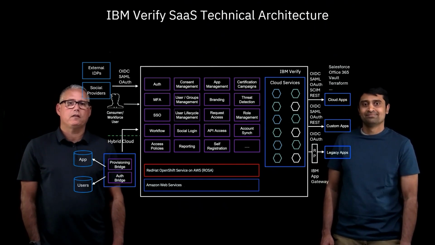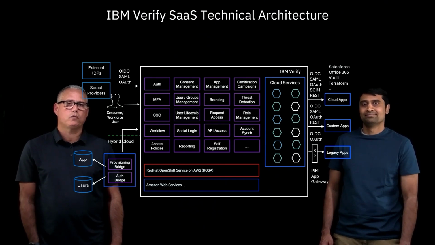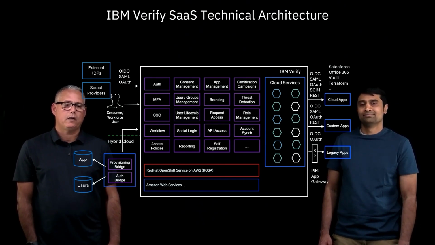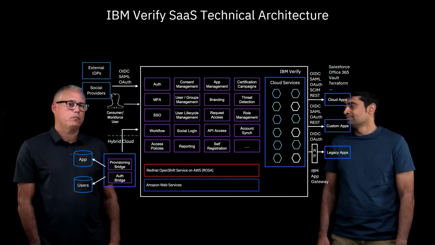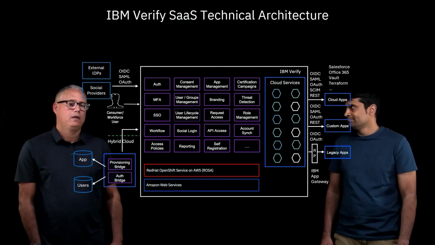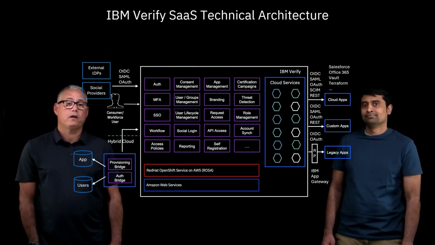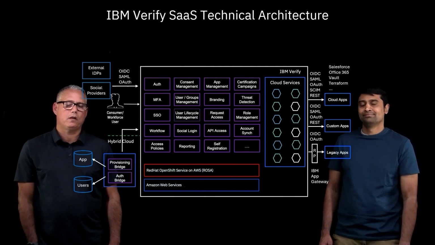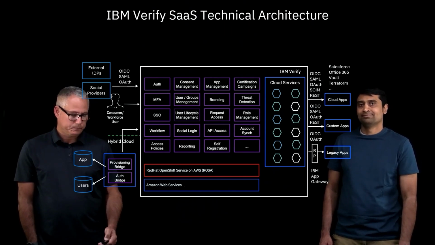So that provides a very simple way of connecting your existing user base to Verify, and then augmenting that with modern authentication capabilities like multi-factor authentication, passkeys, and adaptive access. So it's a very good path to quickly modernize your IAM environment.